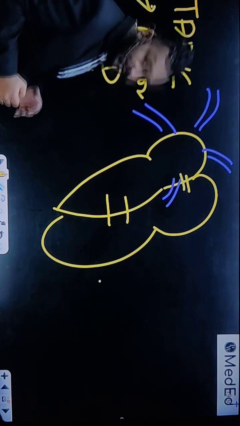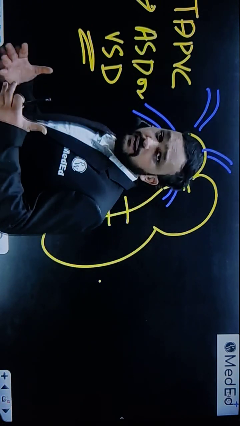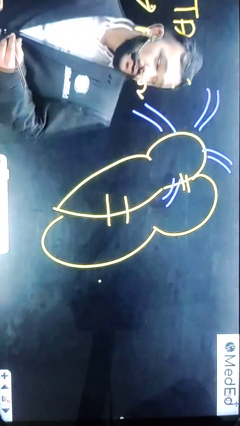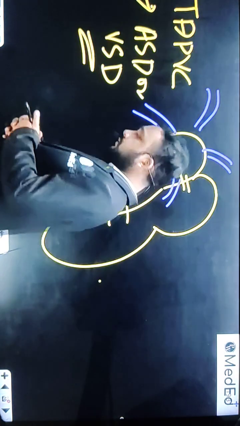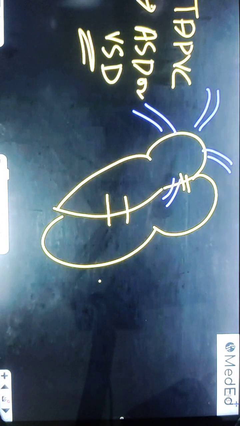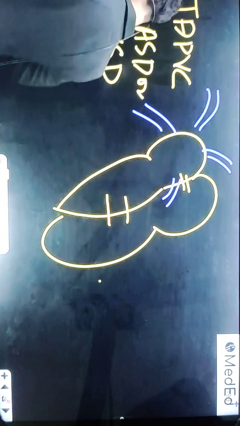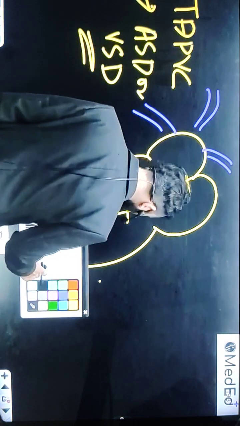Now you understand, our body is very intelligent. If there is no mixing of oxygenated and deoxygenated blood, then in order to keep the baby alive, these septal defects will be present, so that there is some mixing of oxygenated and deoxygenated blood and the child can stay alive. So this is your TAPVC. Now, another thing that you are going to see in TAPVC is, one more thing.